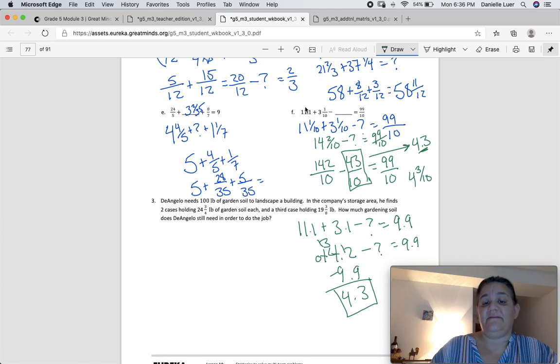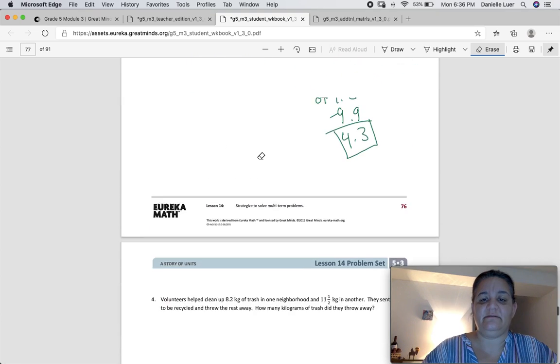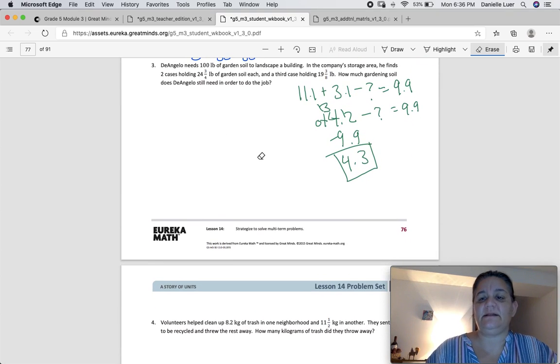Awesome. So if you want to turn this one into decimals, you can, or if you want to keep it as fractions, you can. Just remember that you have to convert them. And we're moving on. This is a hard lesson.